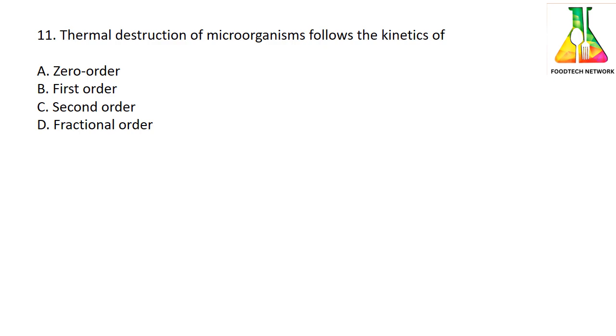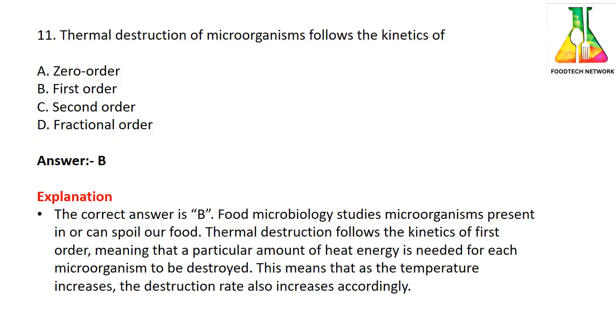Thermal destruction of microorganism follows the kinetics of option A zero order, option B first order, option C second order, and option D, that is fractional order. Option B, that is first order. Food microbiology studies microorganisms present in or that can spoil our food.